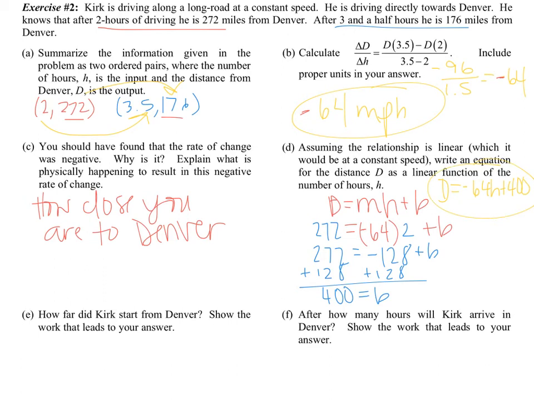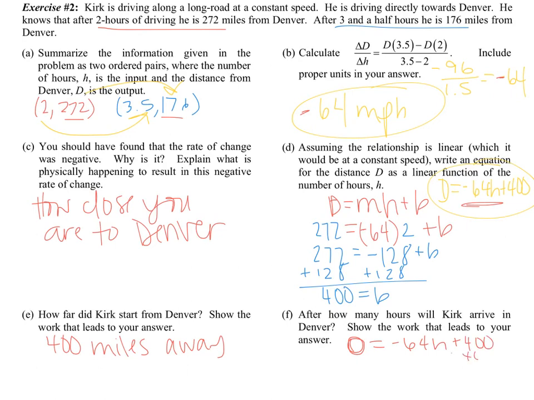What this means is that he started 400 miles away, and every hour he is getting 64 miles closer. So after how many hours will Kirk arrive in Denver? So we want to know how long will it take for him to be 0 miles away.